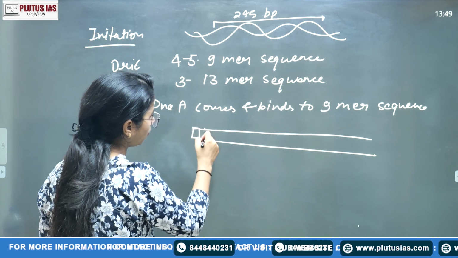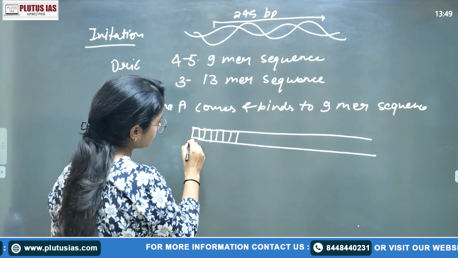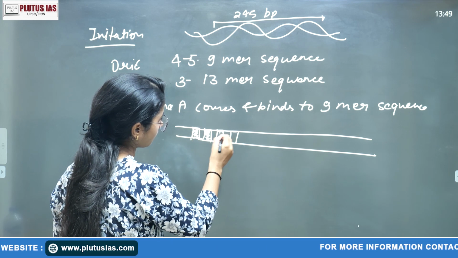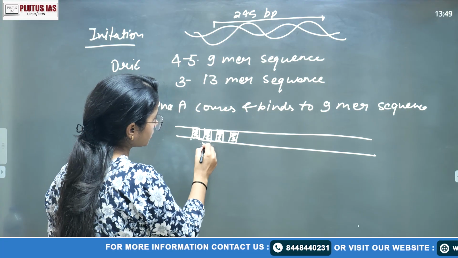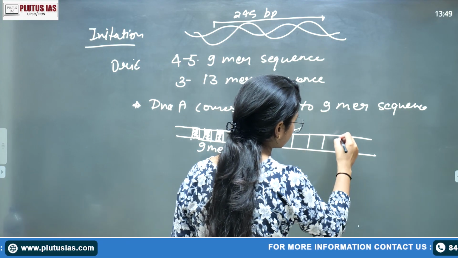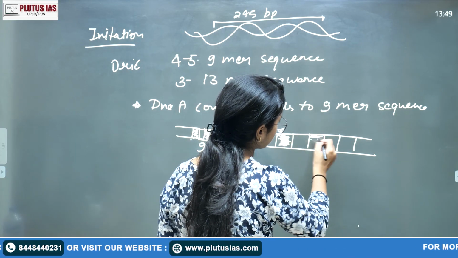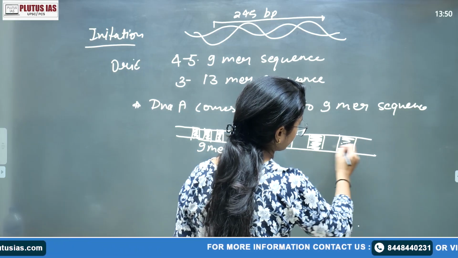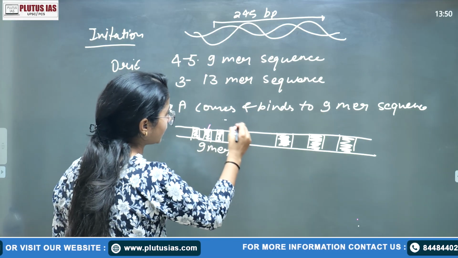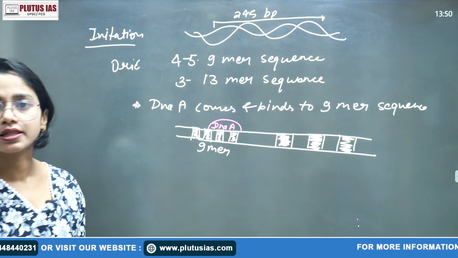Here suppose I say 1, 2, 3 and 4, this is your 9-mer sequence, and after that there are around 3 13-mer sequences. Of course we are talking about segments of DNA. So DnaA comes, binds and recognizes that ORI site.